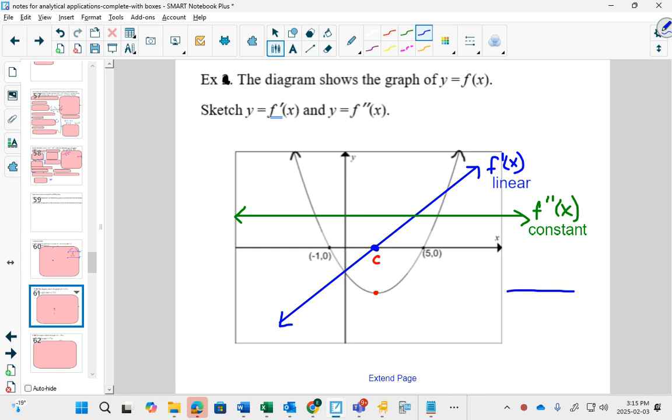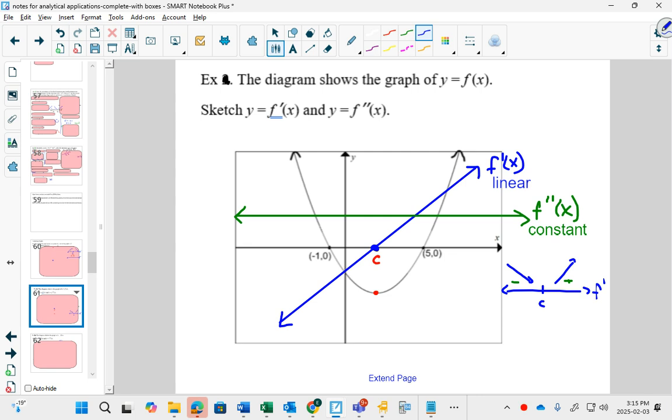Again, it might be helpful to draw your number line, mark point C, and your original graph is going down and then up, making that a minimum. So if it's going down and then up, that means on your derivative it had to be negative and then positive.